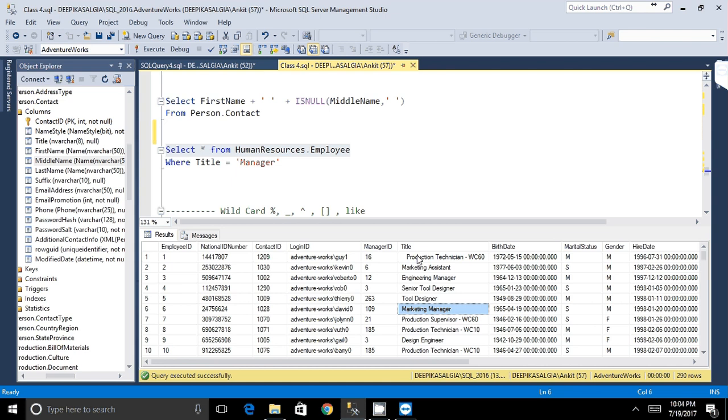So now if you do this, select star from HumanResources.Employee where title equals manager, would this work? Would this be a correct query?